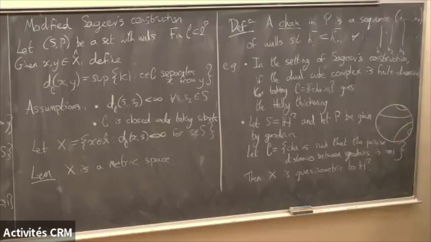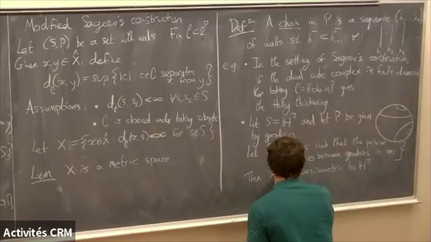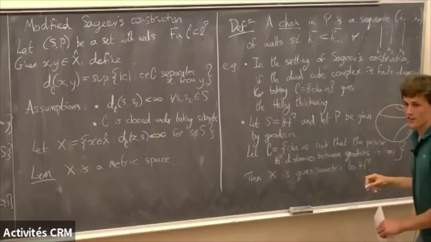So if I tell you a sequence of walls, then I'm telling you a sequence of geodesics. So I just want the closest points. I've got a collection of geodesics, and I want to pick the closest points between the geodesics, and I want those closest points to be at distance at least 1. Oh yeah, pairwise H2 distances. Yeah, sorry.